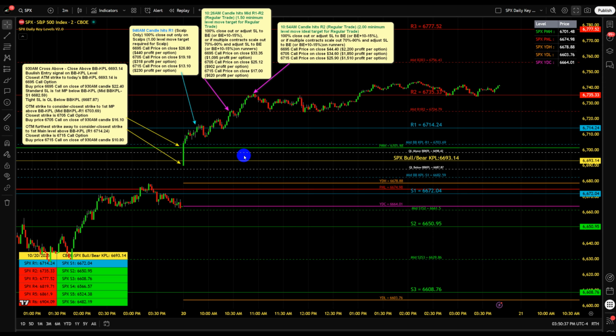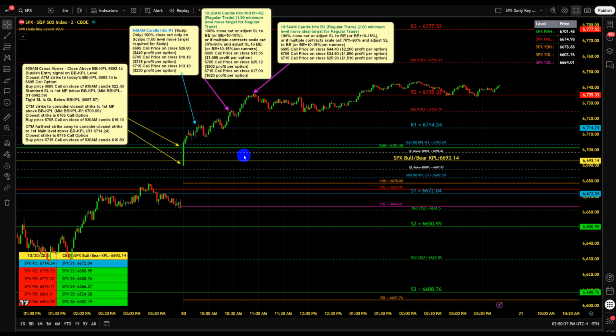But our primary strategy does typically involve taking trades off of the bull bear key price level on the 9:30 open. However, I just want to make it clear that that is not a rule or obligation as part of the strategy.